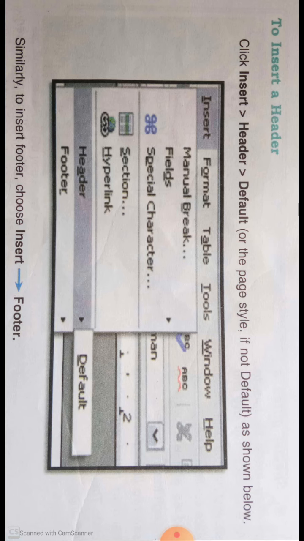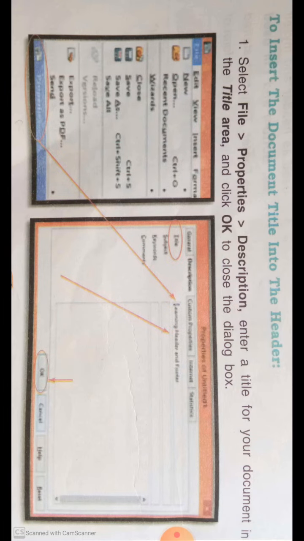Now, how can we insert the document title into the header? Step 1: Select File, then Properties and then Description.